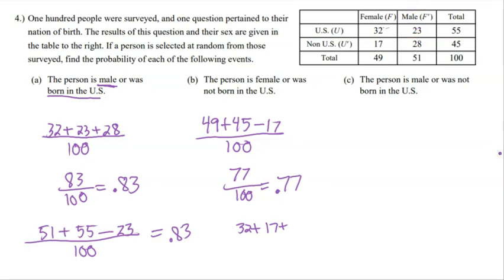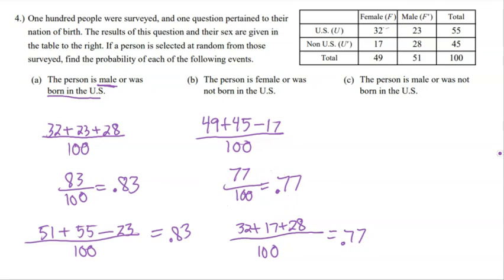It's not female, it's male, and it's U.S. What about this category, this 28? It's male, so it's not female, but it is not born in the U.S., so it's going to be included. So plus 28. If we add these together, 32 plus 17, that's 49. 49 plus 28, that's 77. And so that's going to wind up being 0.77, just like this one right here, okay?